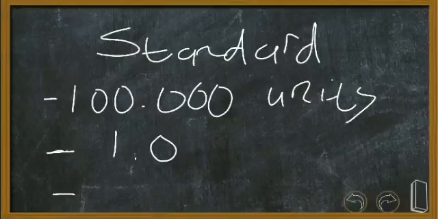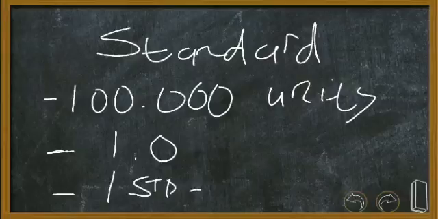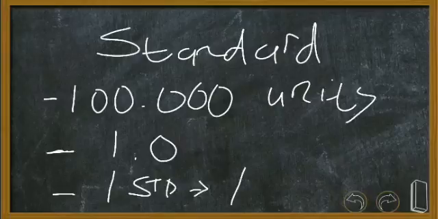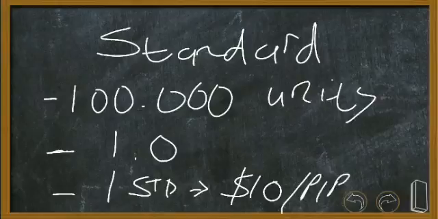But in general, one standard lot, just say STD, is equivalent to $10 per pip. I hope I'm making sense. For one standard lot, one pip will be equivalent to $10.